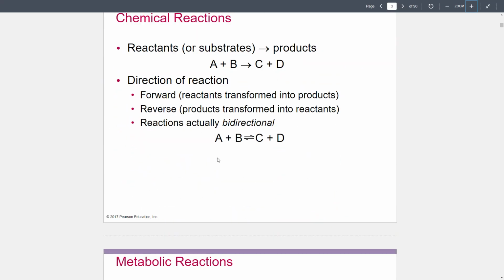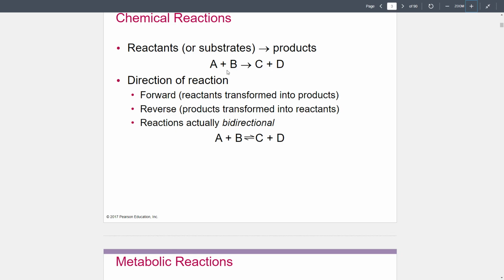These reactions come in a variety of different formats, but they all have a base reading, so to speak. We're going to have reactants or substrates, when we talk about it from a biological standpoint, that will have some sort of effect on each other that will end up making a product.